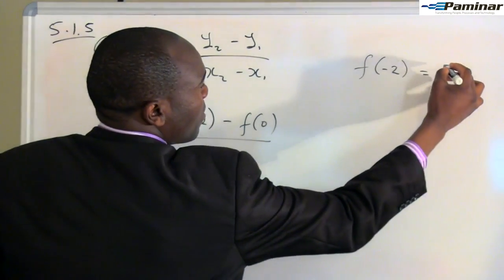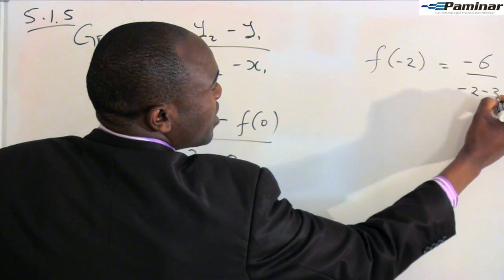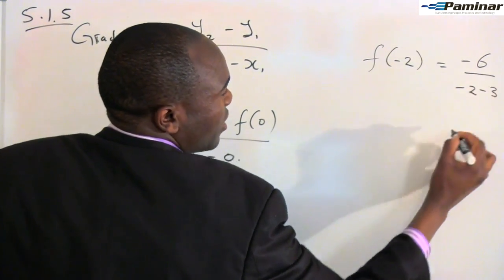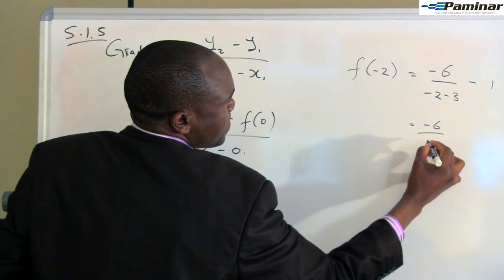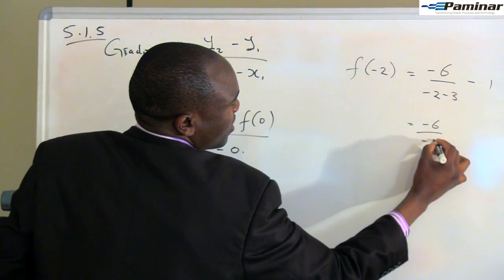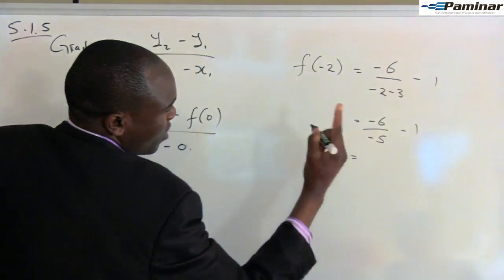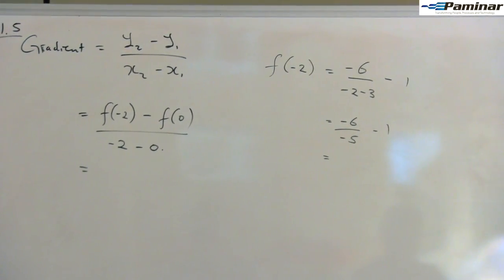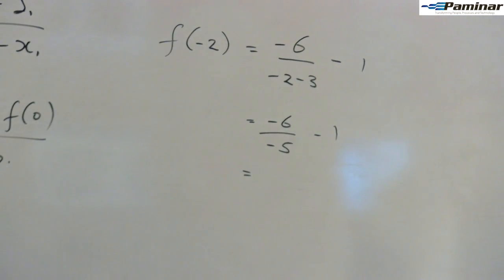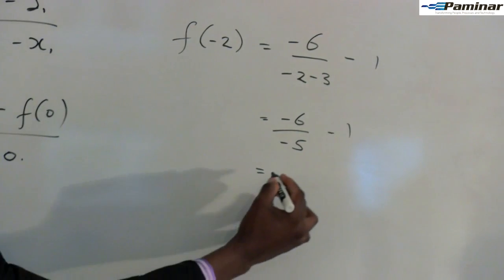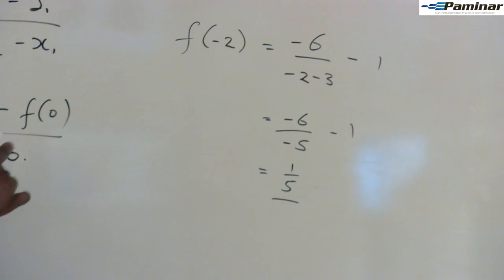So we're going to have -6 over -2 -3 -1, which is going to give us -6 over -5, -1. Okay, what are we going to get there? If you plan to calculate it, 1 over 5.